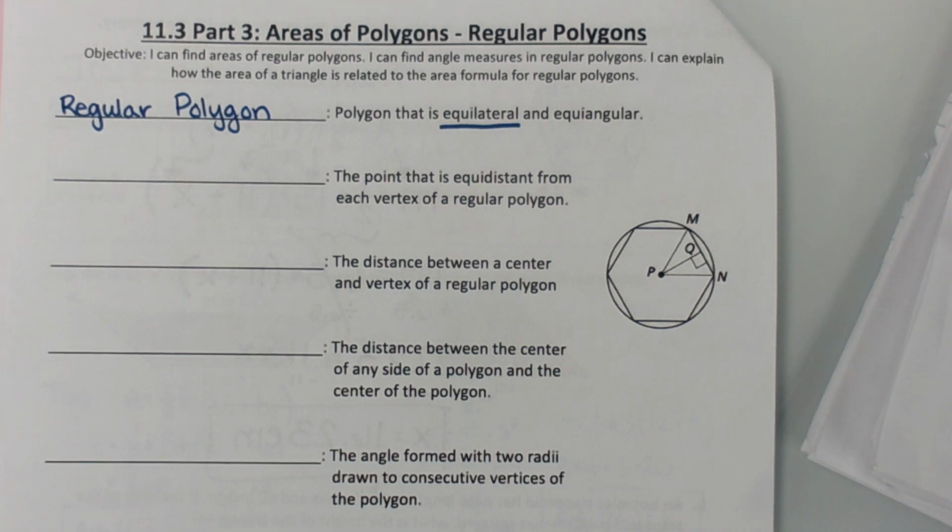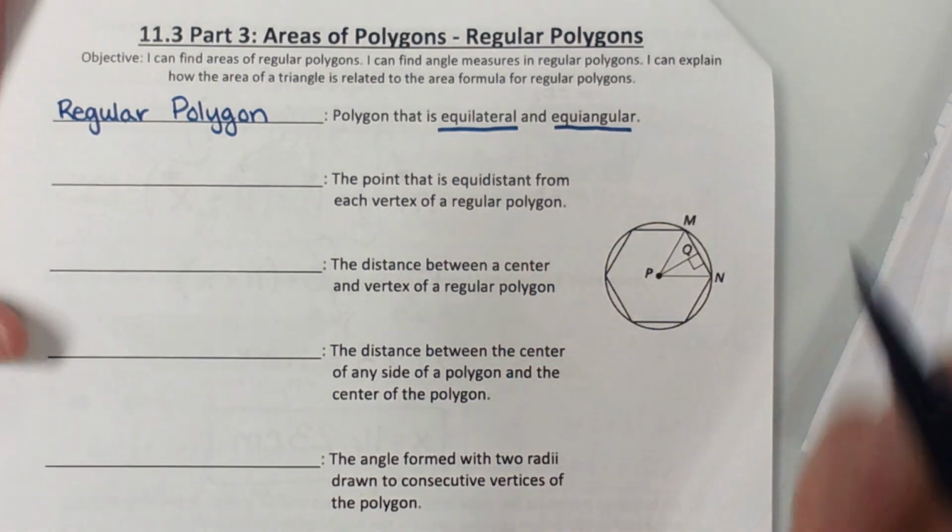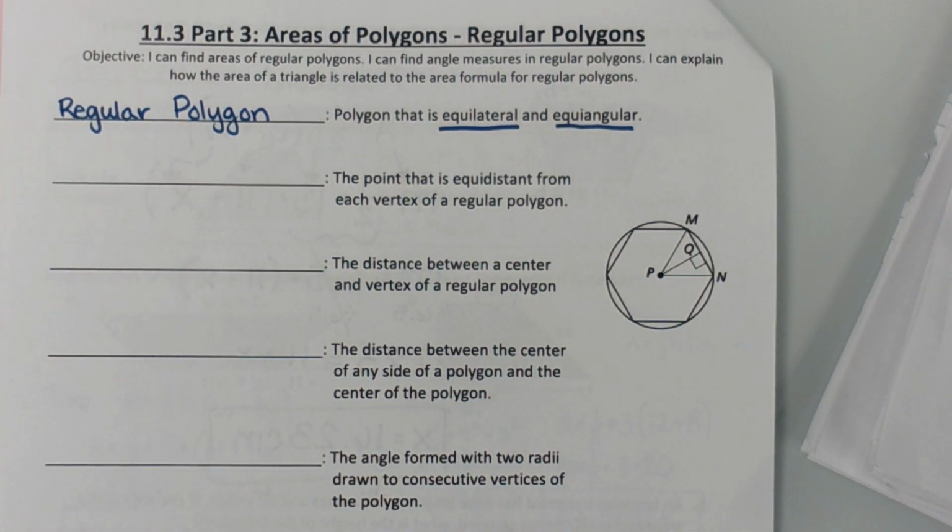All sides are congruent. What does it mean to be equiangular? All angles are congruent.